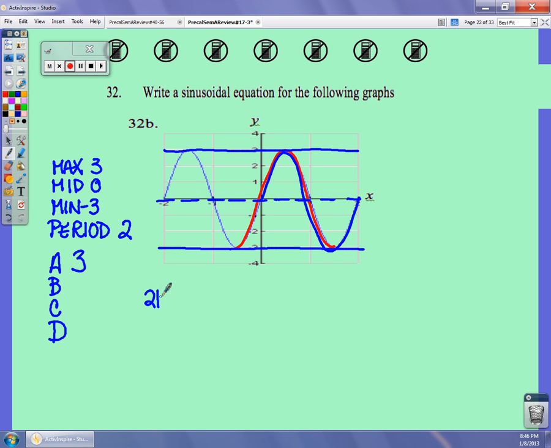By definition, period is equal to 2 pi over b. In this case, we see that our period is equal to 2, or 2 over 1. We write it as a fraction to make it easier to do cross multiplication, and here we get 2b equals 2 pi. Therefore, dividing both sides by 2, b is equal to pi.